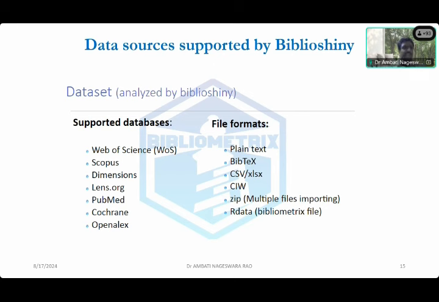I'm just repeating again: as we have different types of databases, based on the database you use for writing a bibliometric analysis paper in the Biblioshiny app, if we use Scopus data, we download it in BibTeX format. If you download the data from the Web of Science database, we download it in plain text format.